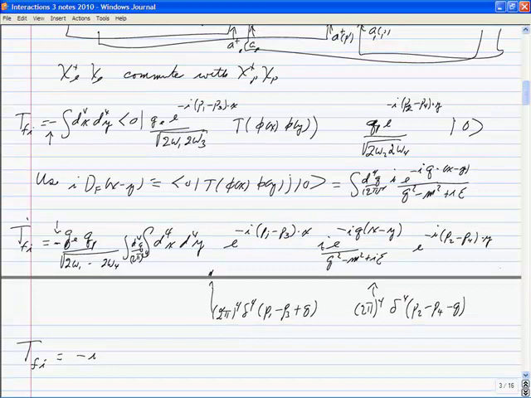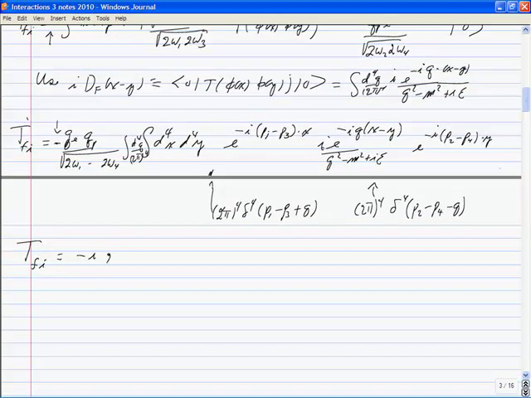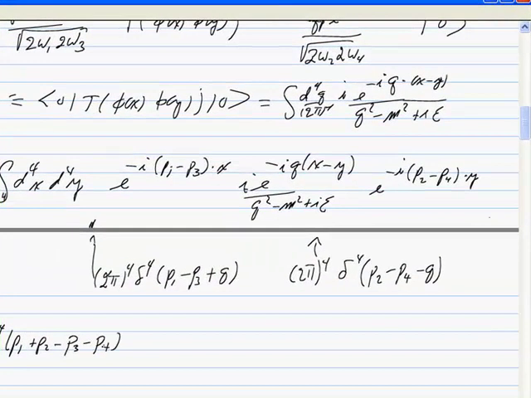It just needs to be copied. The i came from the propagator. There's a 2 pi to the fourth delta 4 of p1 plus p2 minus p3 minus p4 is what happens when I integrate that.